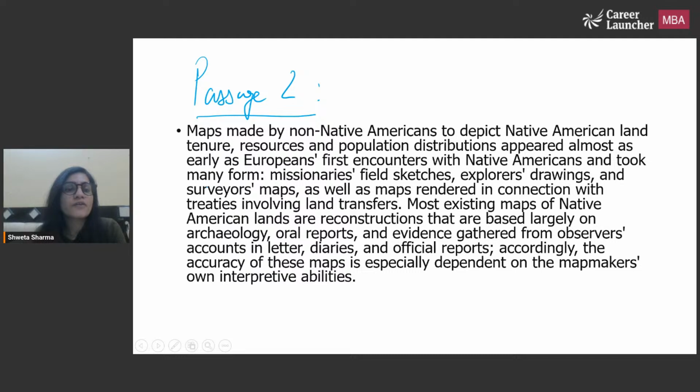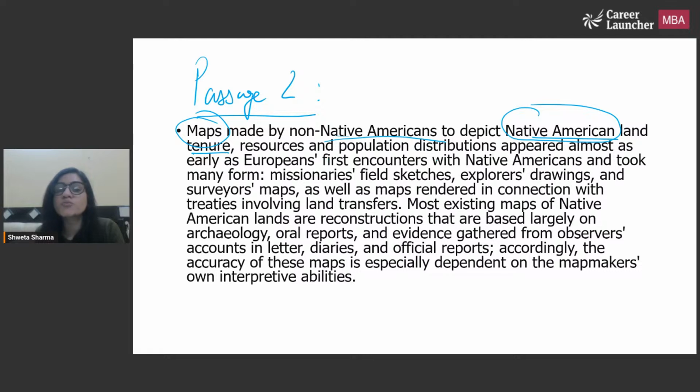For example, it says maps made by non-Native Americans do depict Native American land tenure. Okay. So maps which are constructed by non-Native Americans who are not there, they do depict the Native Americans' land tenure, as in how long the Native Americans have held that land.